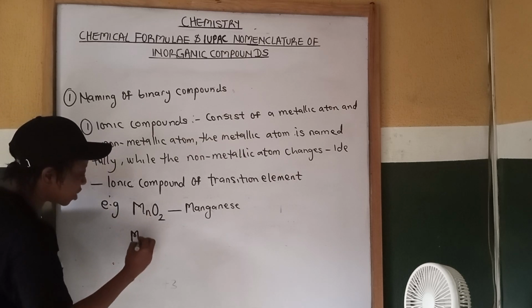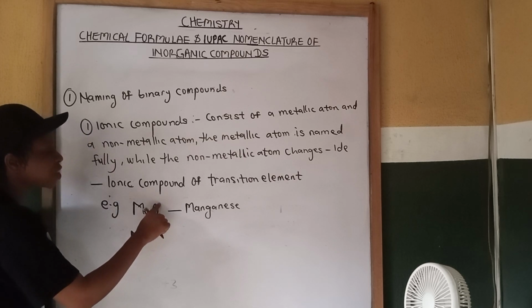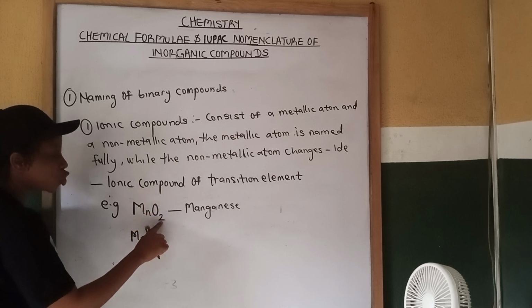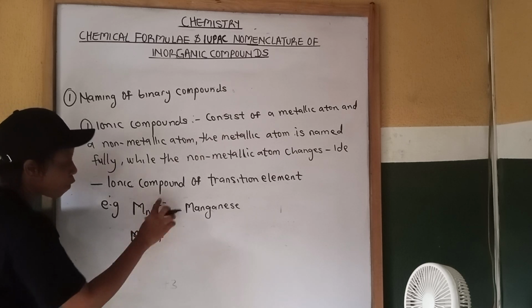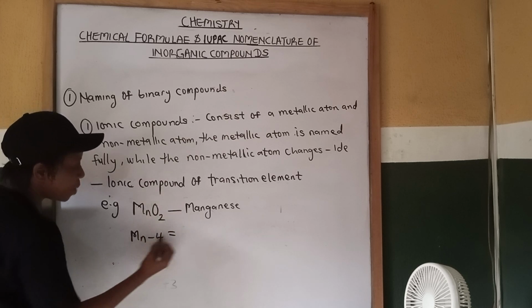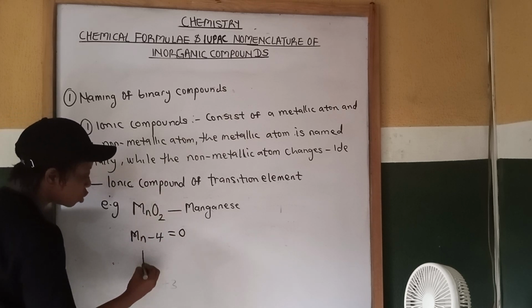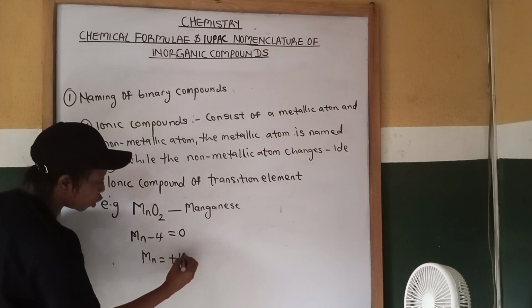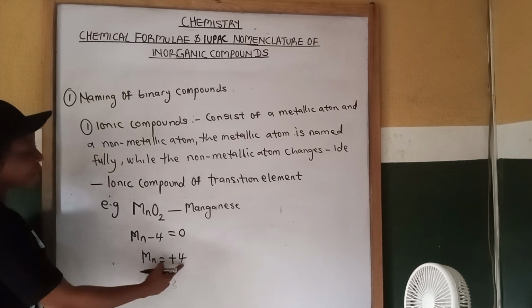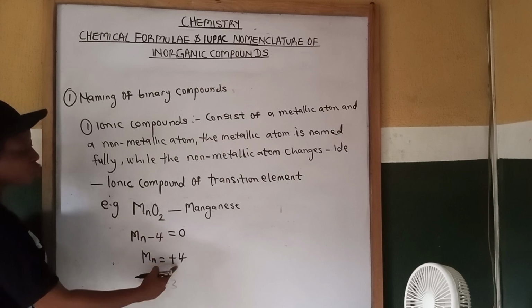So you will make manganese unknown. Then the charge on oxygen is minus 2. Minus 2 times 2 will give me minus 4. So Mn equal to 0. Move this minus 4 to this side, we change to plus 4. The oxidation number of manganese from MnO2 is 4.